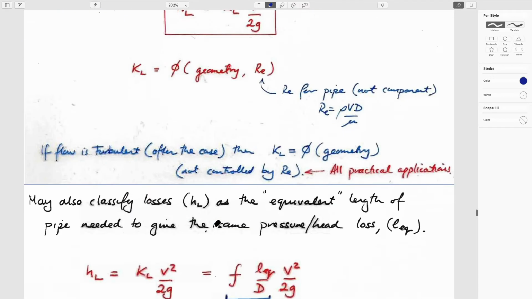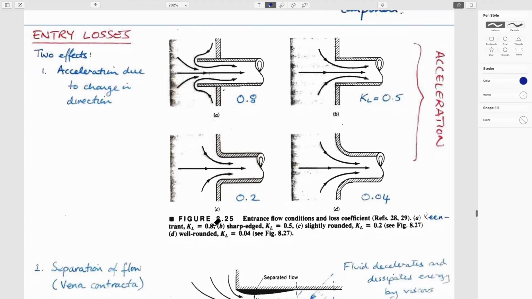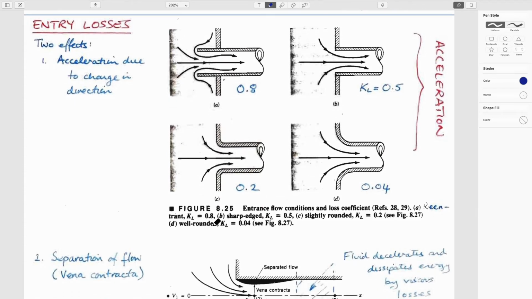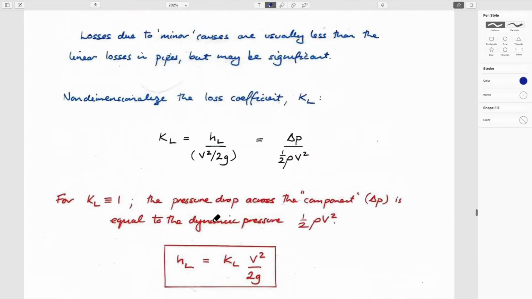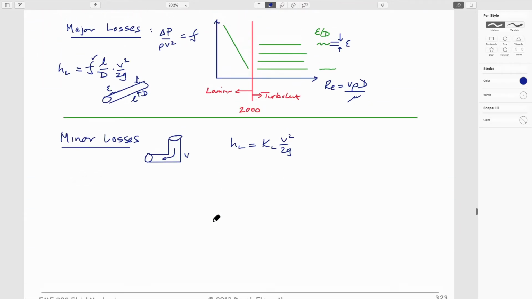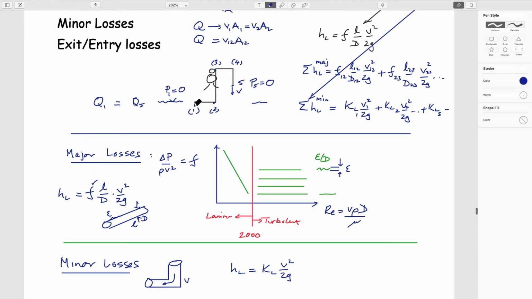So there's a whole, not really a science behind it, but the losses that we have that are local, the minor losses, are the ones that occur at individual locations, and they occur due to all kinds of things. And so we would have those in this particular case at location 1, which would be entry losses, location 2, which would be a bend loss, 3 a bend loss, 4 a bend loss, and 5 would be an exit loss. I guess we'd have probably a pump HP in here.